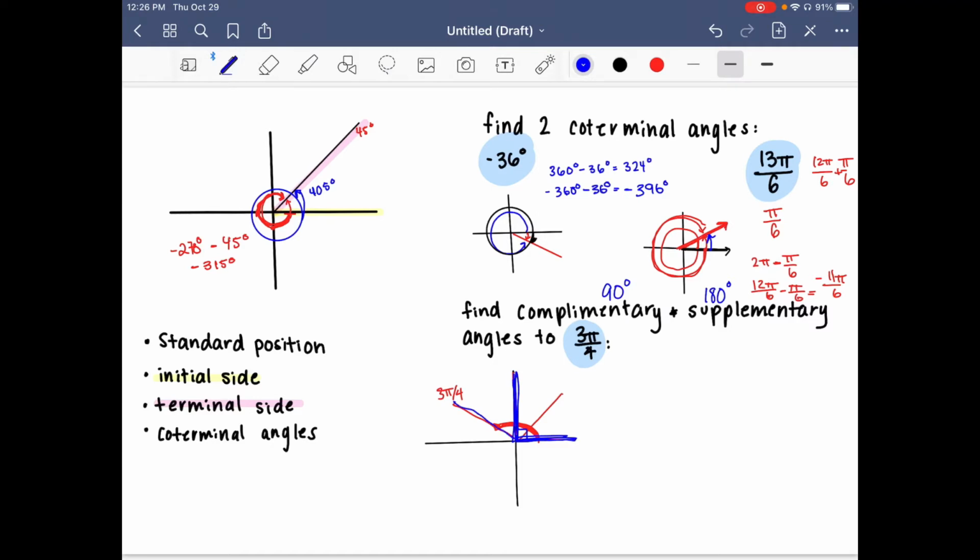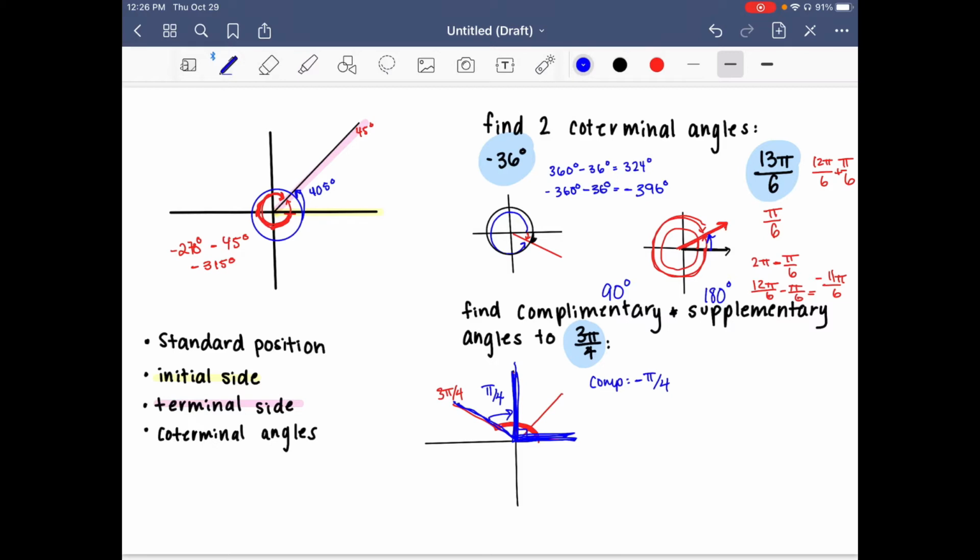With what I know about the unit circle, I know that this chunk is another pi over 4. So if I subtract pi over 4 from 3 pi over 4, I'll end up with my right angle. So my complementary angle would be negative pi over 4 because I'm going this way. I'm backing it up.